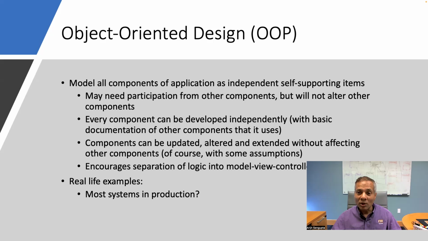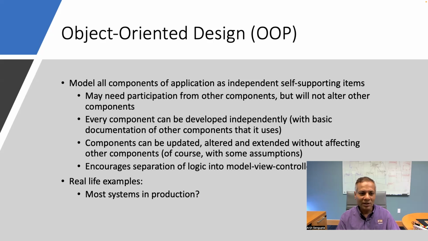Object-oriented design, which is what we are going to review in this class and this sequence of videos, is where you do not worry about a sequential way of doing things. What you do is you try to identify different blocks of components that are part of your system. Then you try to figure out for each component, what do they do?